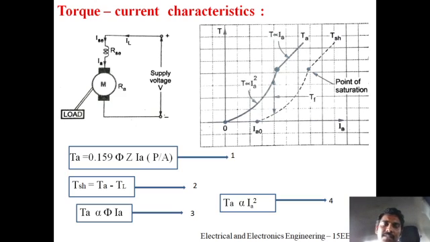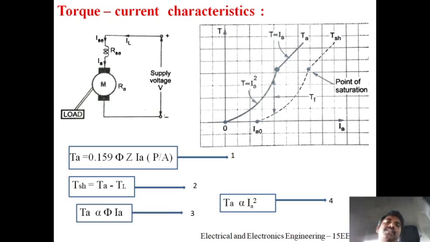The torque is nothing but the axial force or the turning force or the twisting force which acts at the axis of the motor, at the axis of the machine. Force is nothing but linear motion, torque is nothing but axial motion. The only difference is that in both terms there is a force, but in case of torque it acts axially. That is the difference you have to observe.